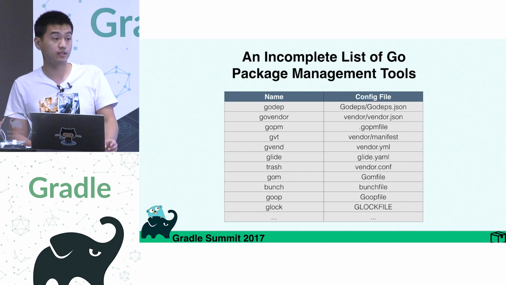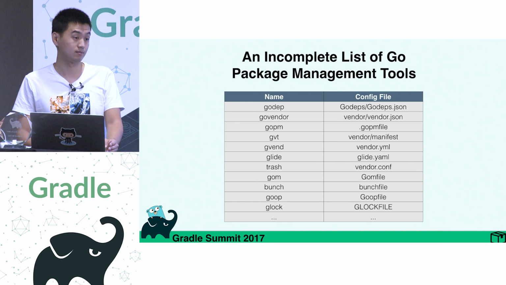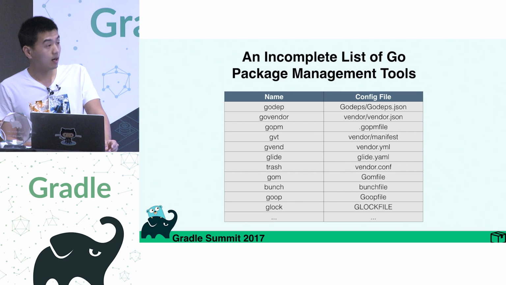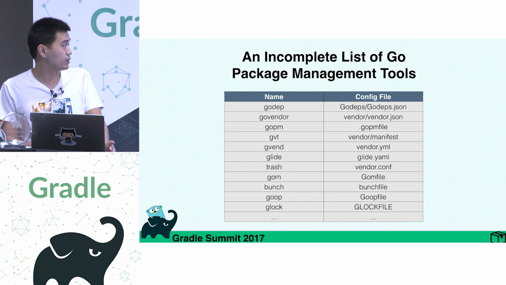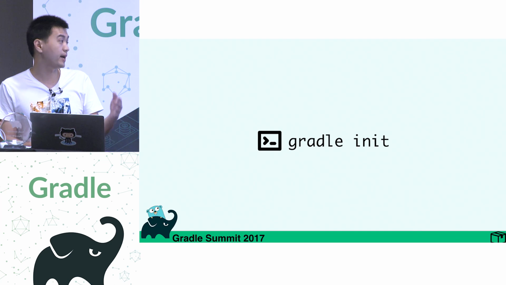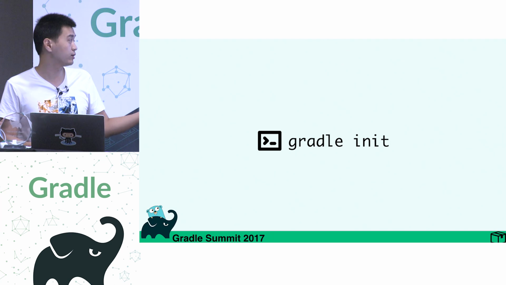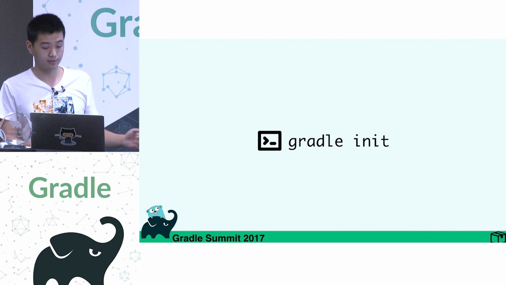But unfortunately, almost none of them is compatible with each other. So Gogradle makes some efforts to improve this situation. You can use gradle init to import dependencies from those tools because Gogradle supports 8 most popular package management tools.